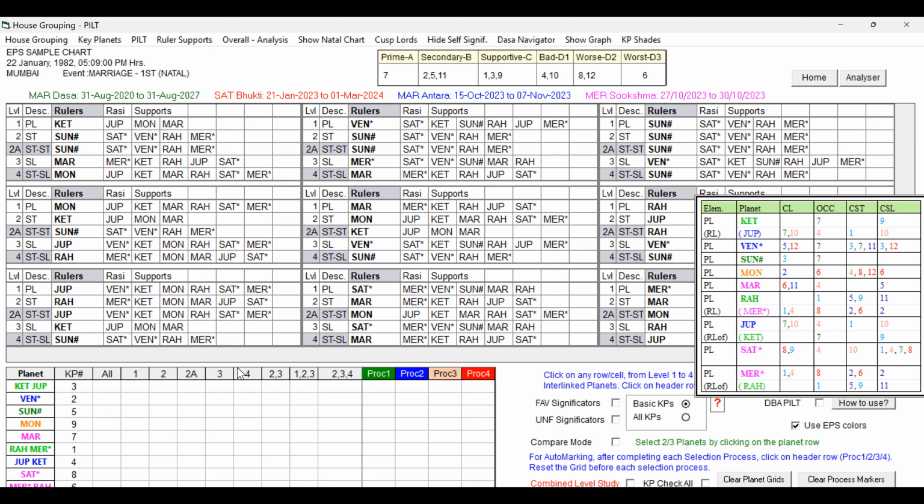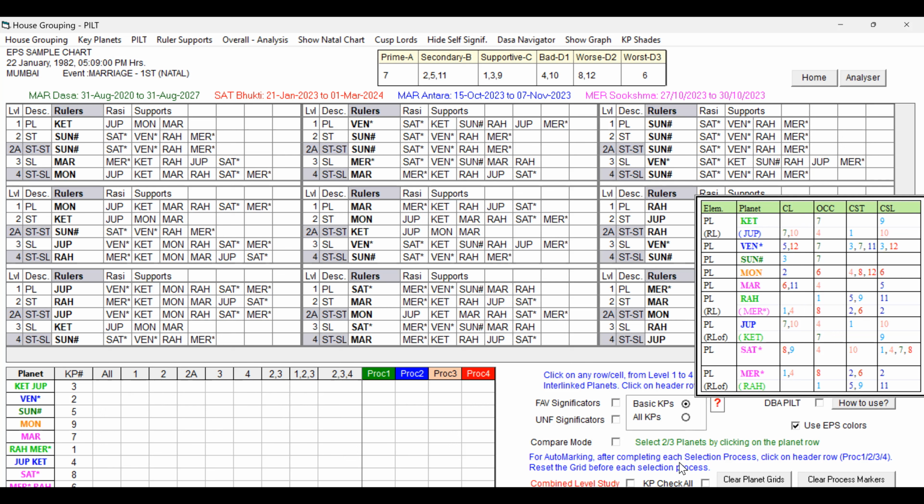All 4 levels are given as a separate column for each planet. And combined level study, that is 2 and 3, and 1, 2, 3, and 2, 3 levels. You want to check any planet's role at individual levels or combined levels or all levels, we can use that.